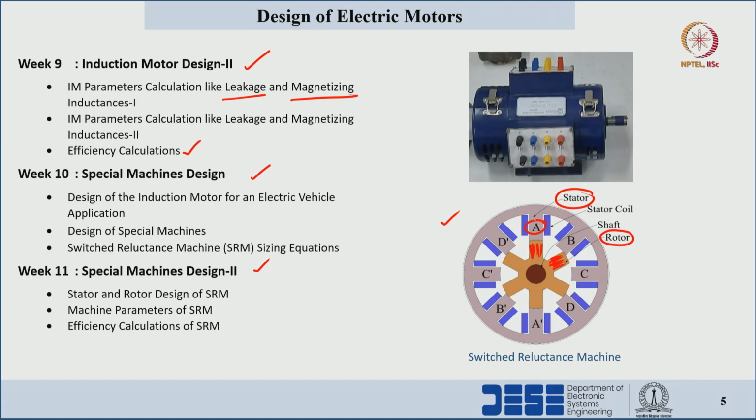If we excite A phase, the rotor will automatically align towards the A phase. If we excite B phase, the rotor will be attracted towards the B phase. One side there is an electromagnet, the other side a simple iron piece. Based upon attraction and repulsion it will work, right. The same principle applies here also.